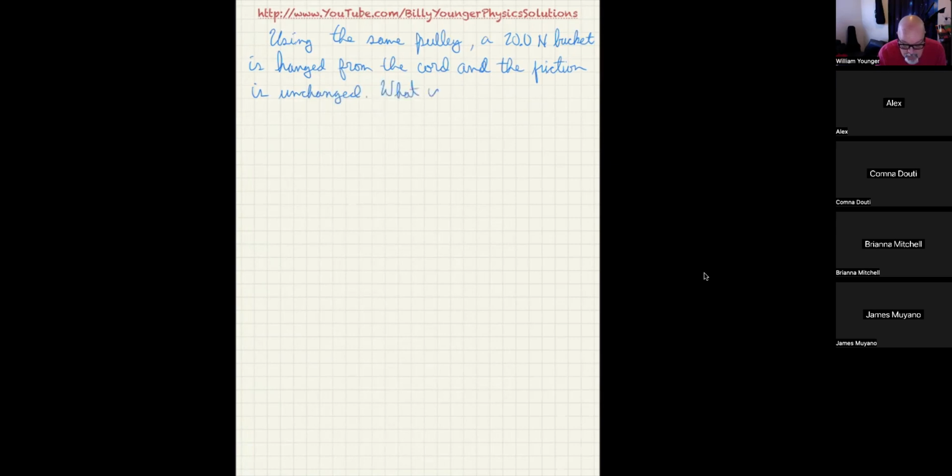What is the acceleration? I'm going to write this as acceleration a and alpha. And what is the tension force?